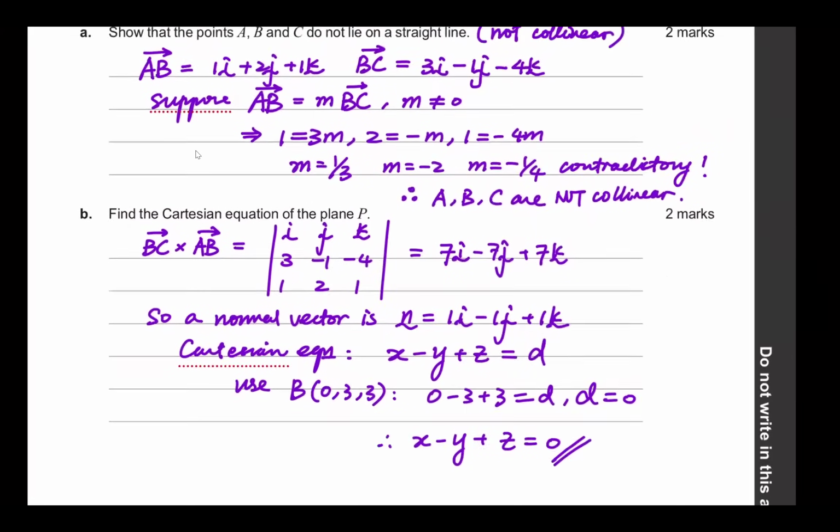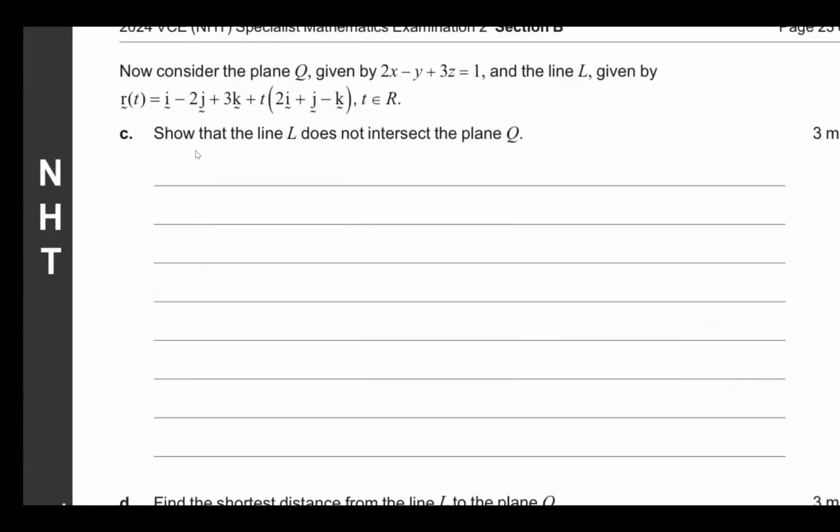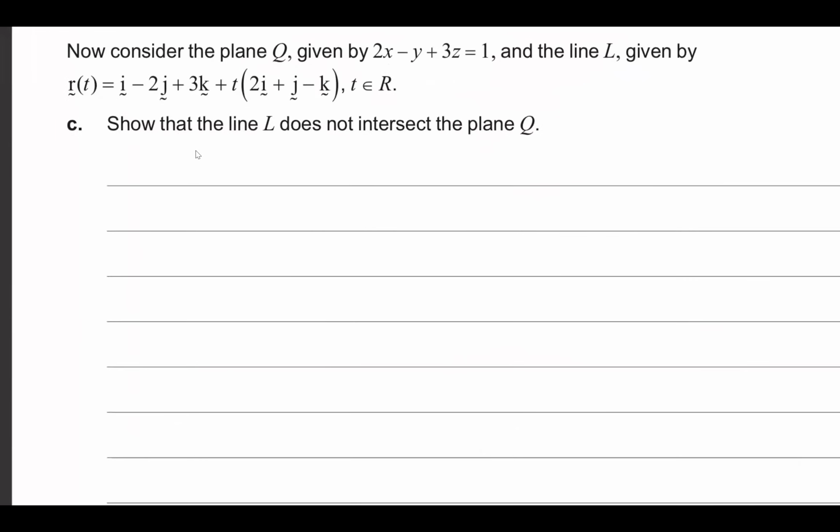Okay, that is done. Let's have a look at our next two parts. Now consider the plane Q given by 2x minus y plus 3z equals 1, and the line L given by r(t) equals i minus 2j plus 3k plus t times (2i plus j minus k), t is a real number.